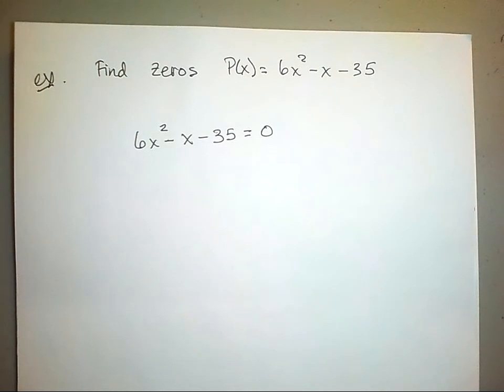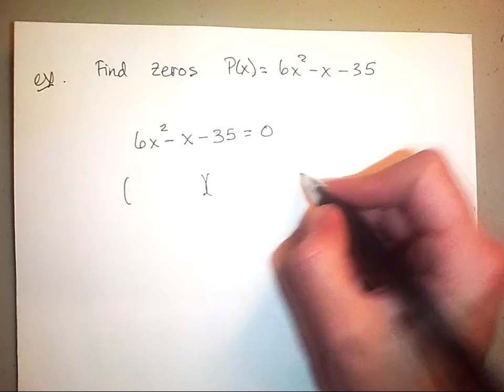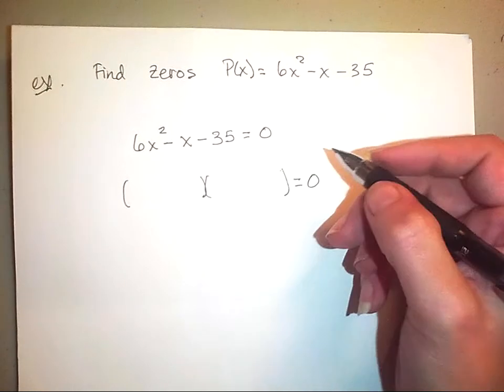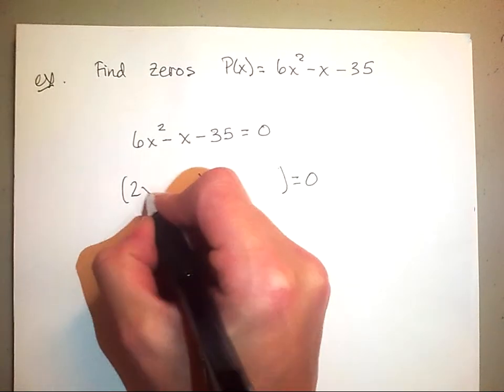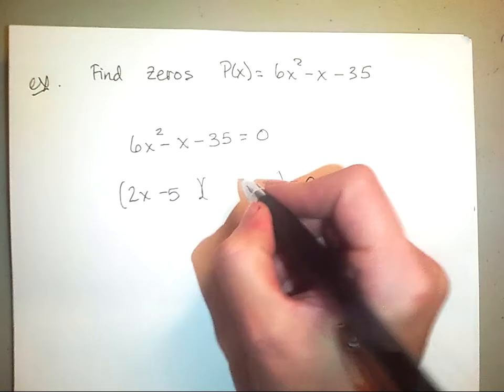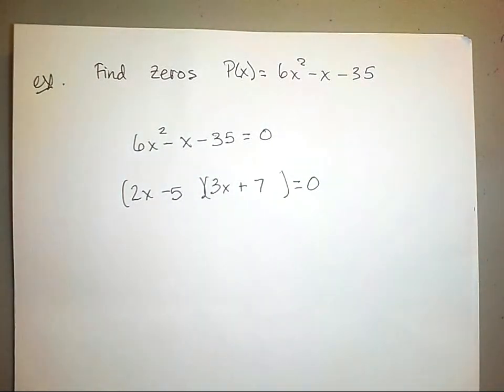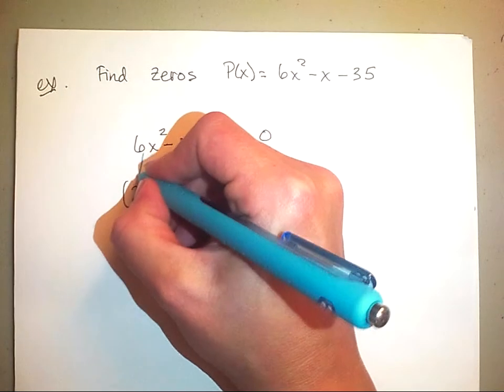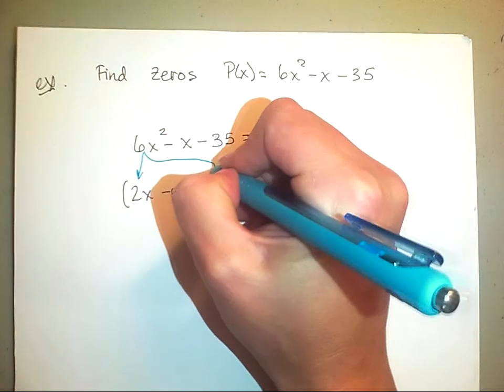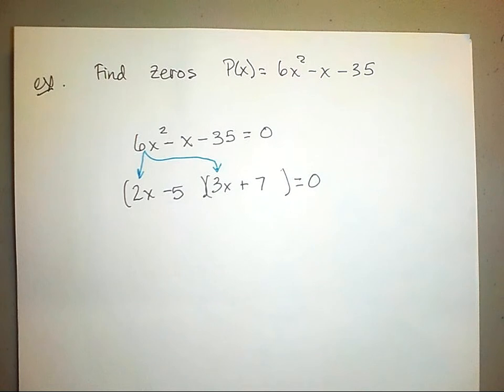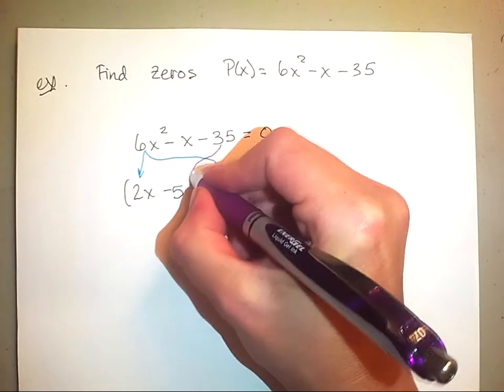Now, it turns out this one's going to factor. This will factor into 2x minus 5 and 3x plus 7. Remember that the 2 and the 3 come from the 6, and the 5 and the 7 come from the 35.